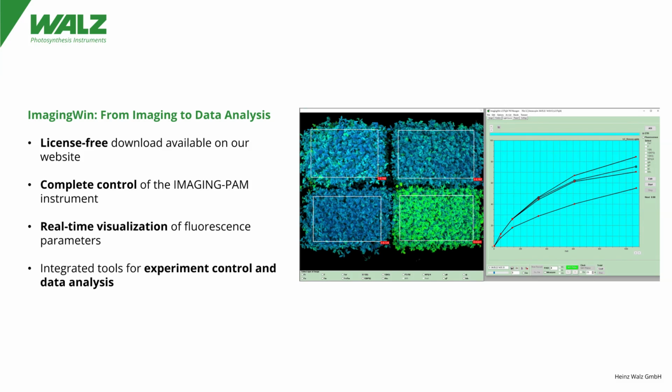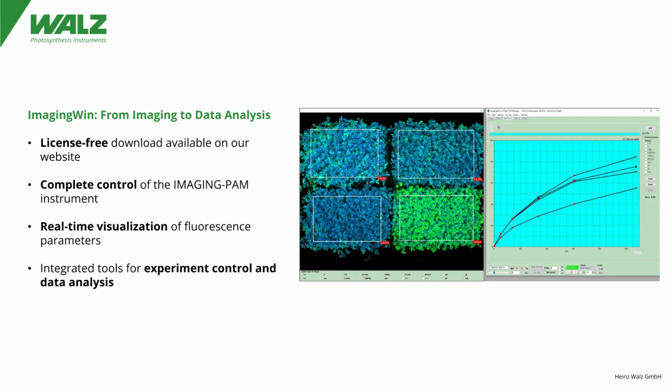After discussing the technical features of the imaging-PAM systems, we now move to the software that connects measurement and analysis. The Imaging Wind software provides complete control of the instrument and displays fluorescence parameters in real time during the experiment. At the same time, it offers a range of tools to visualize, organize, and analyze the data collected by the system.